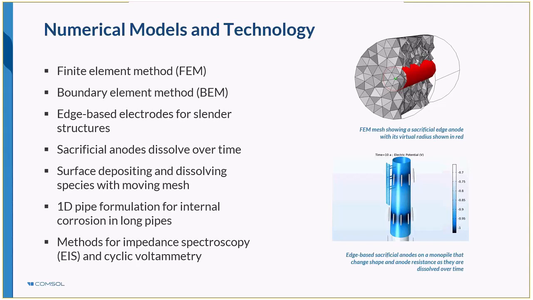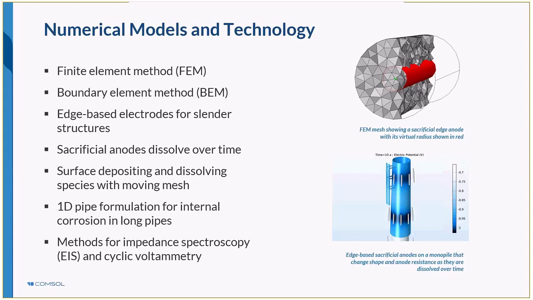So if you had, say, your oil rig within the sea domain, there are a few different approaches to modeling this, but the boundary element method can be quite useful in representing a very large, expansive electrolyte, essentially.